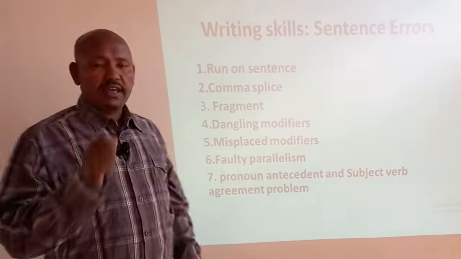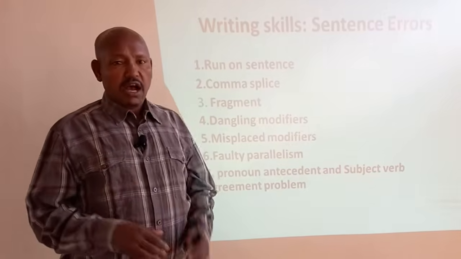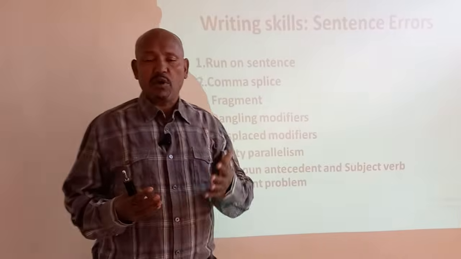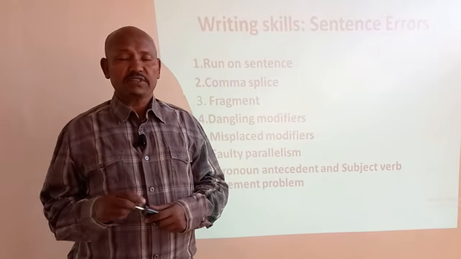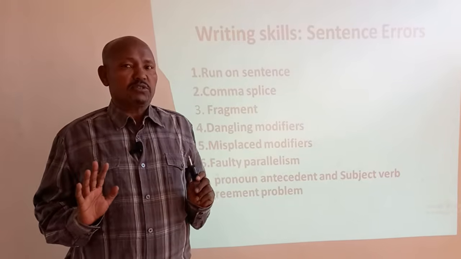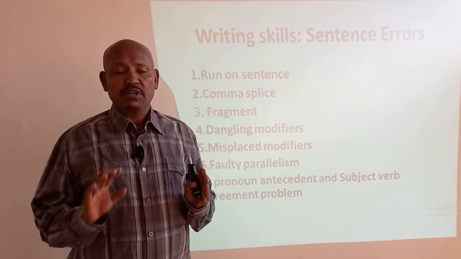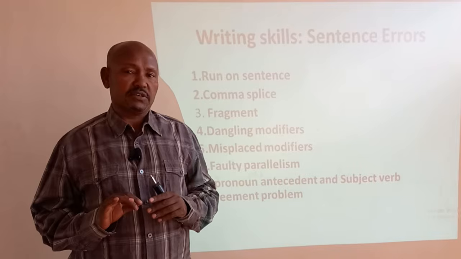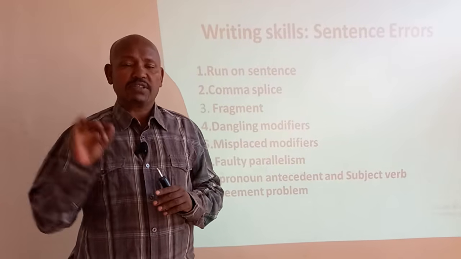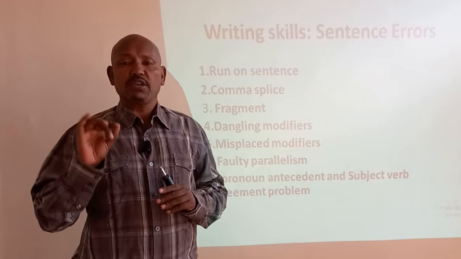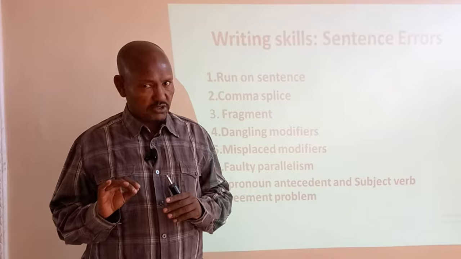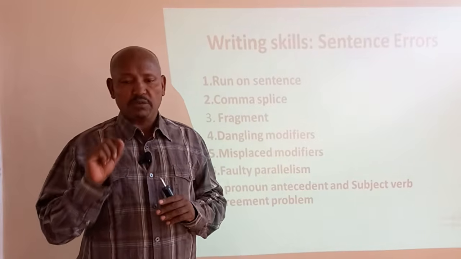Unless we take care to write a meaningful sentence, a sentence cannot convey meaning. The first thing we consider is how we identify the sentence error types, and then what kinds of methods and strategies we employ to correct them. We are going to see this one by one.